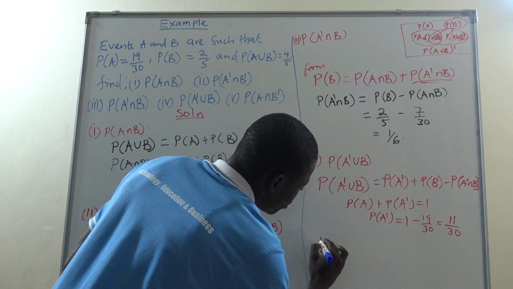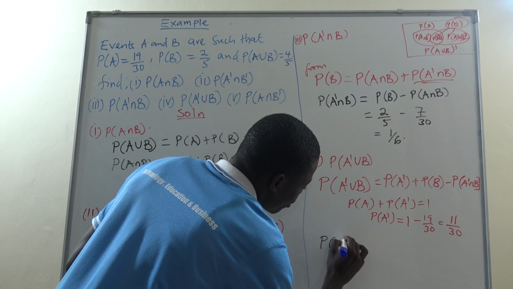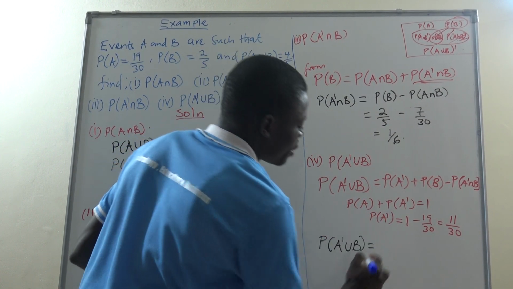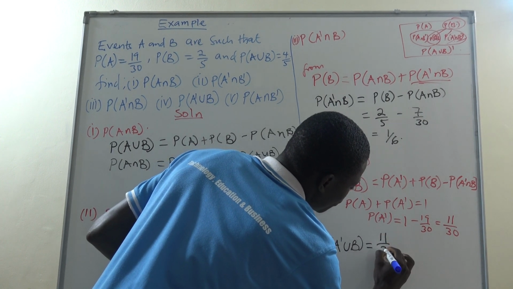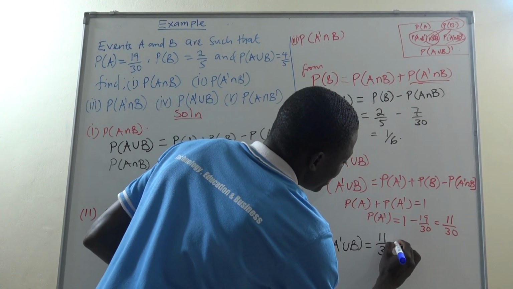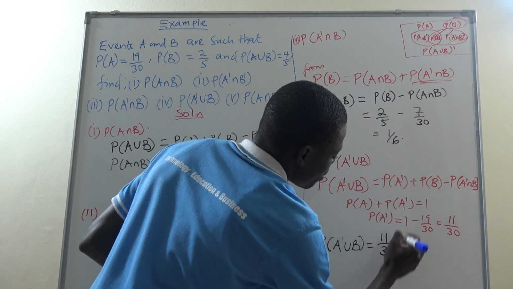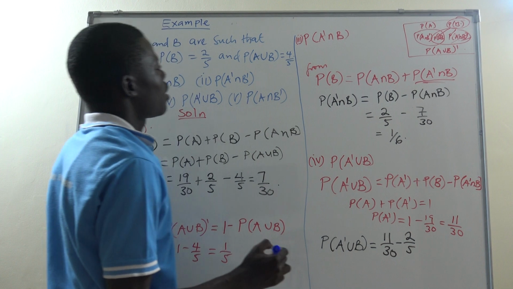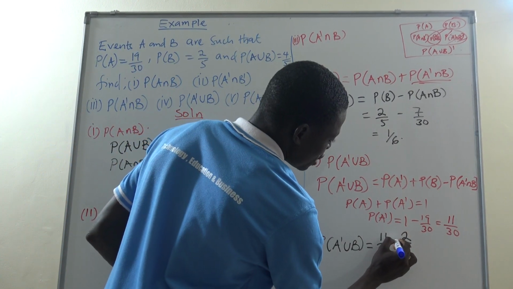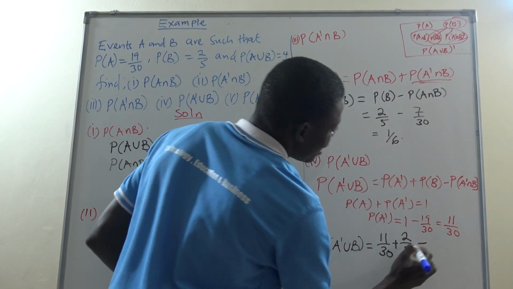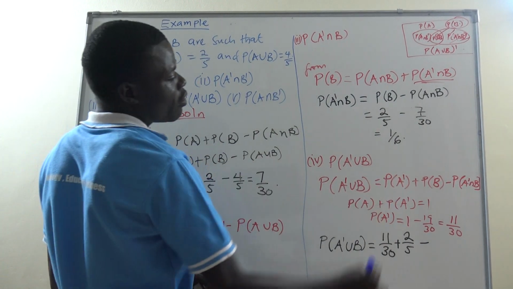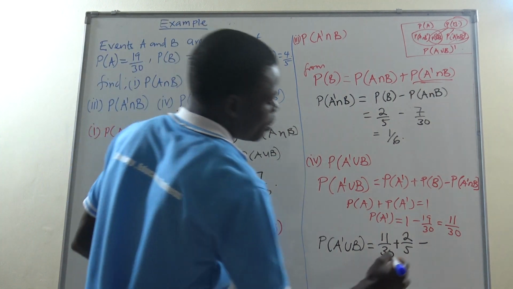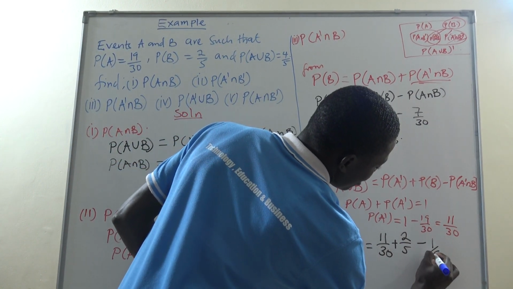Then you go ahead and find the value of probability of A complement union B. So our probability of A complement union B becomes probability of A complement, which is 11 out of 30, plus probability of B, which is 2 out of 5, minus probability of A complement intersection B, which we have here as 1 out of 6.